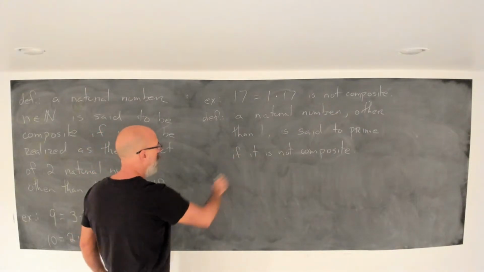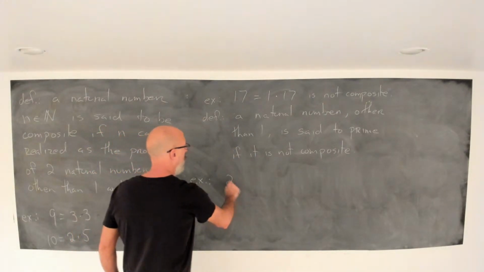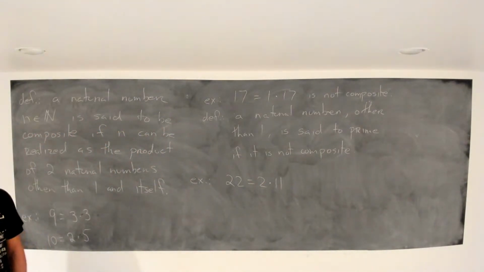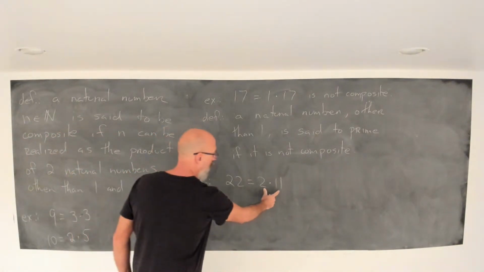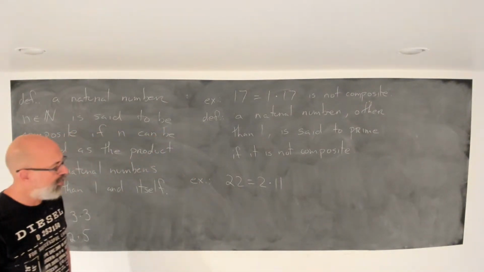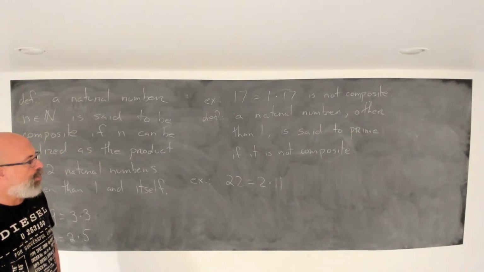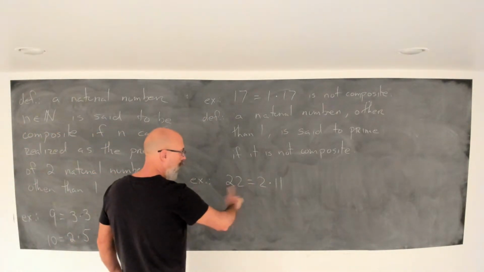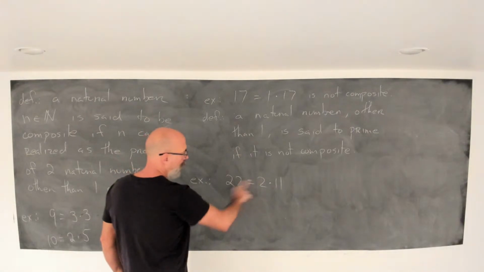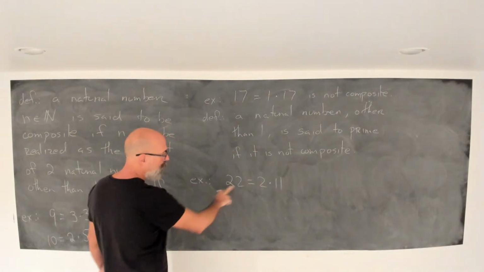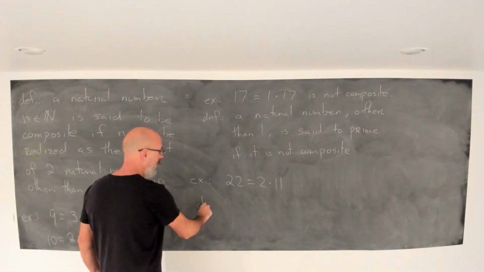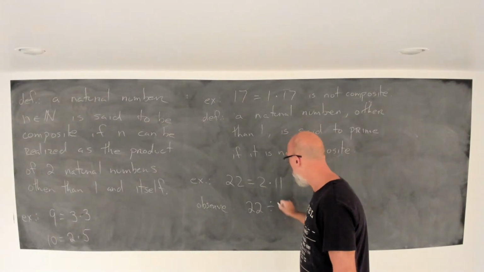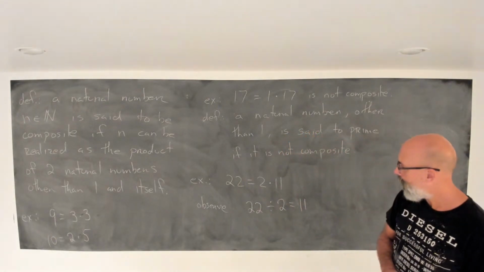Observe, right, 22 is a composite number because you can break it up as the product of two numbers, 2 times 11, both of which are not 1 and 22. If we take this a step further, observe that 22 divided by 2 is 11.